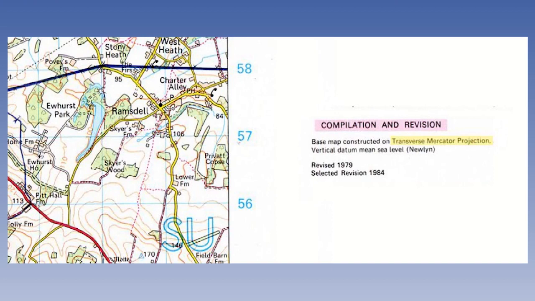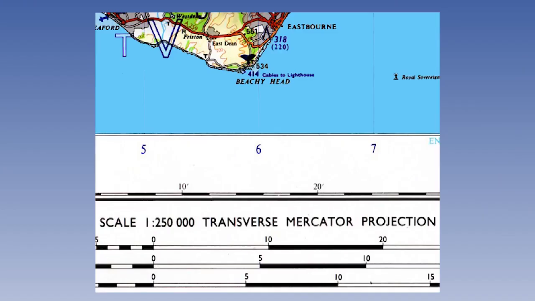The UK Ordnance Survey, for instance, uses a transverse Mercator projection, as can be seen from this note on the side of a 1 to 50,000 Landranger series. The CAA quarter-million topographical air charts of the United Kingdom series, which are widely used by helicopter and general aviation pilots, are also based on this projection.